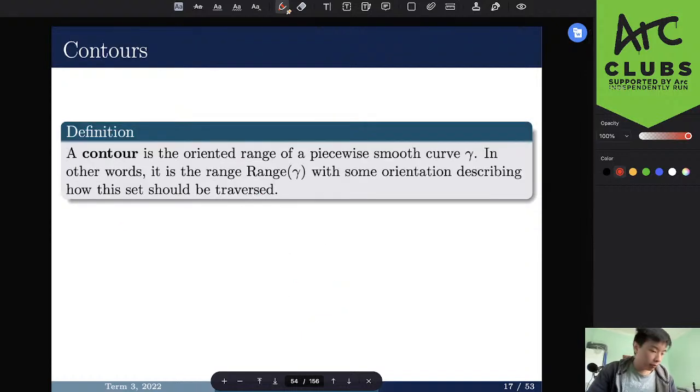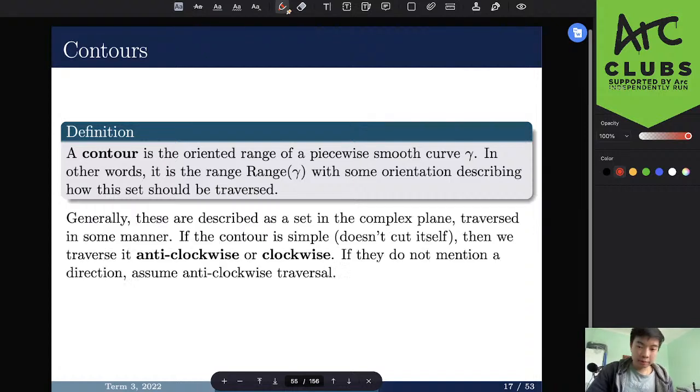So we have a contour right here, and essentially a contour is a range that we integrate across, and the range of which is a contour can be traversed in some manner. So essentially there's a direction that the contour can travel in, and if it's simple, it can traverse in either a clockwise or anti-clockwise direction.